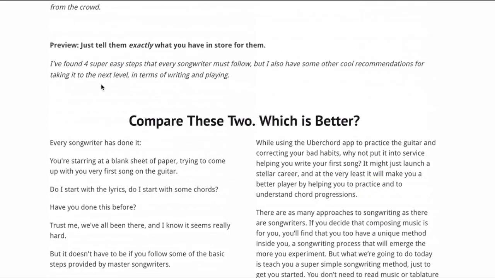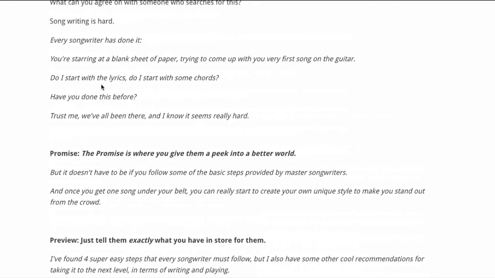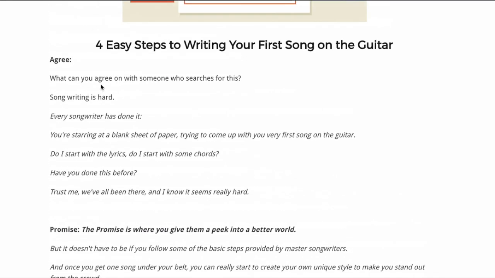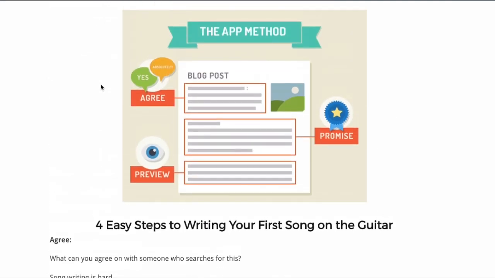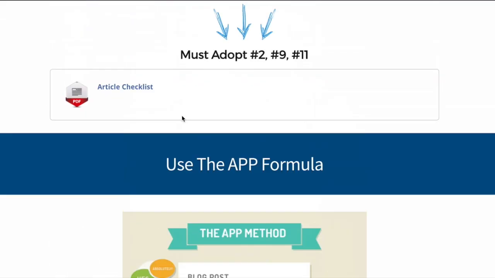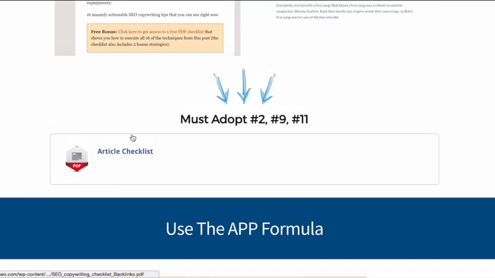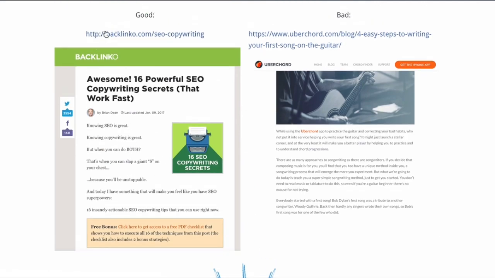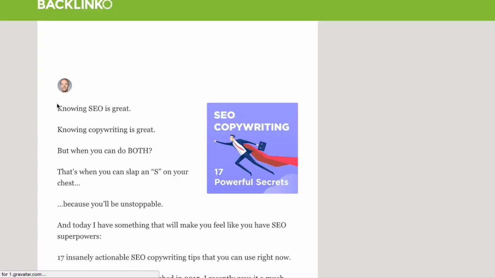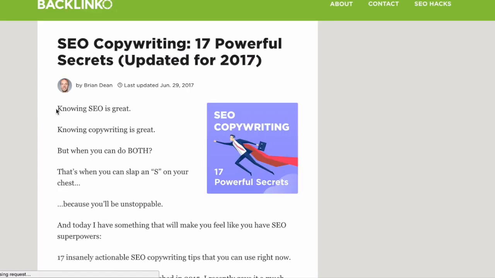I think I went over it quite enough there. If you need some more information on this or you don't quite get it, certainly we can give you some more examples, but we agree, we promise, we preview. This checklist is certainly something to follow and use. It's a great example. And then here, this copywriting page, this is an excellent article to follow.